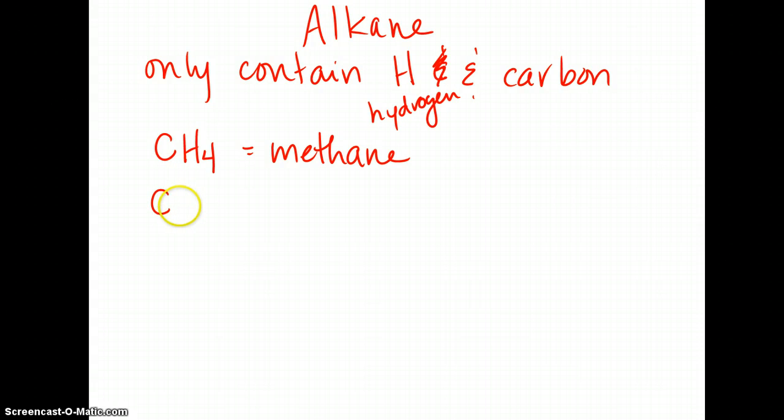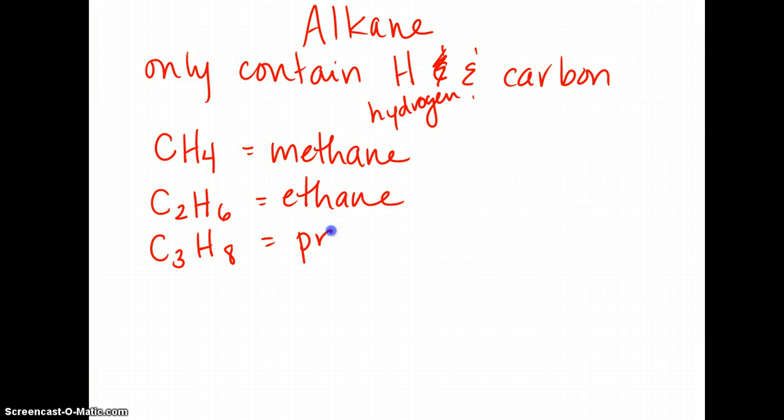The next alkane is C2H6. This is called ethane. The next one, C3H8, is called propane. I think many of you who have gone camping before have heard of that before.